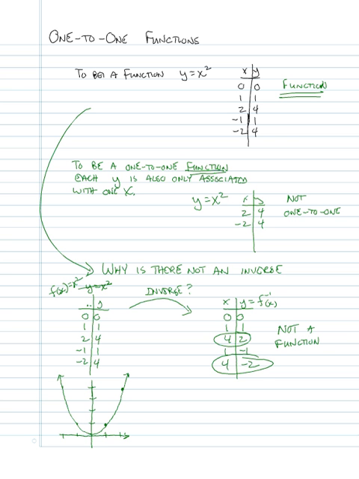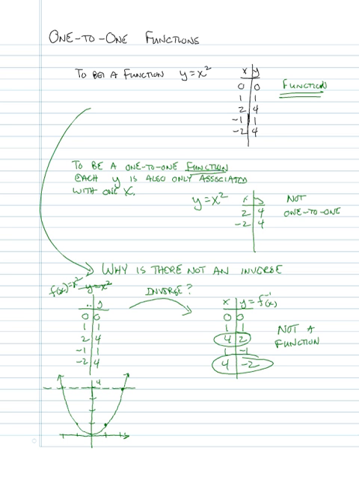We talked earlier about looking at a graph and determining whether it's a function by using the vertical line test. If we imagine any vertical line here, that's only going to cross the graph once. So for each x value, there's only one y value. That's what makes it a function. Now, what caused this to fail to be a one-to-one function is when we looked at a y value of 4, there were two different x values associated with it.